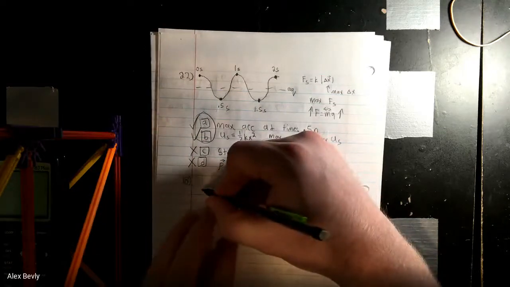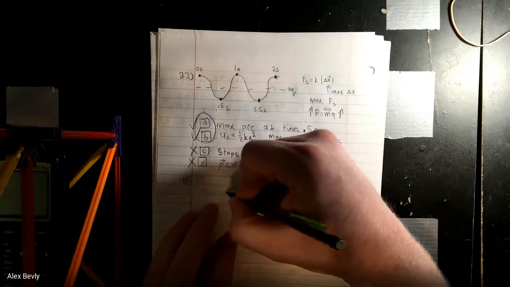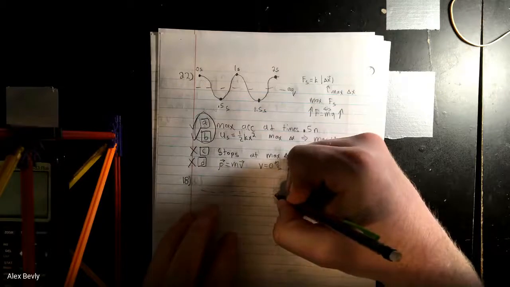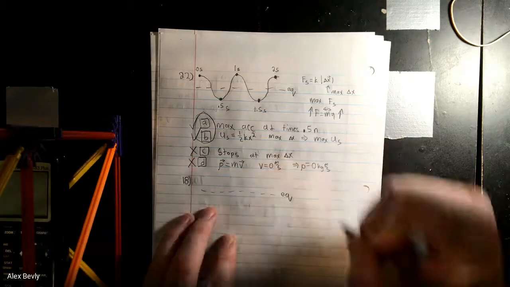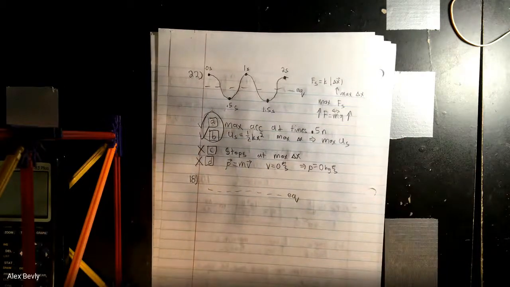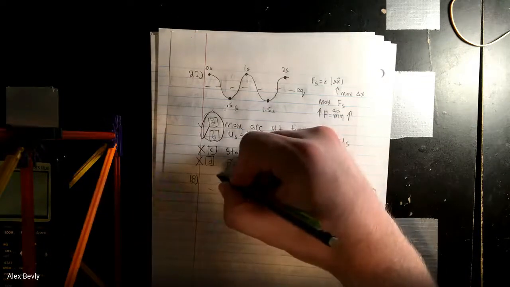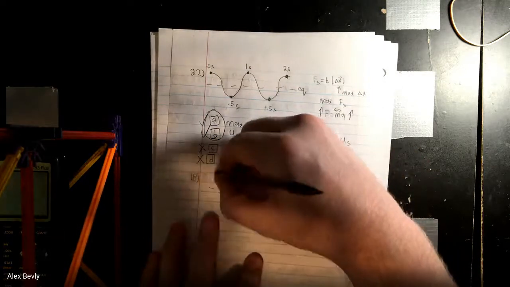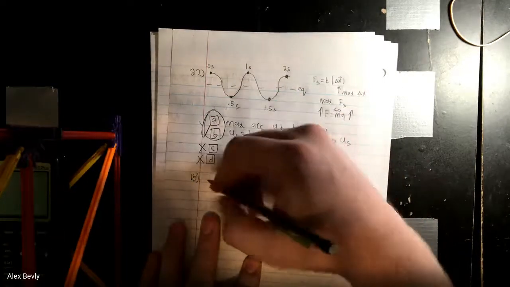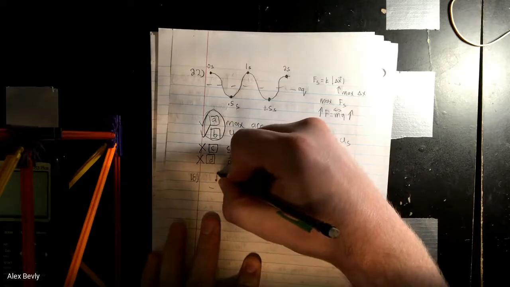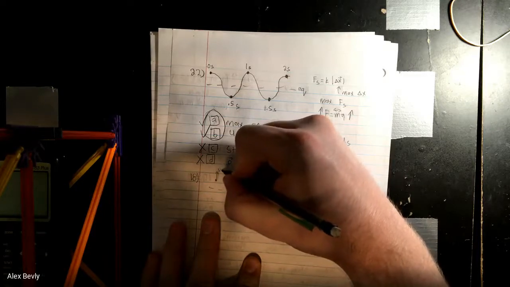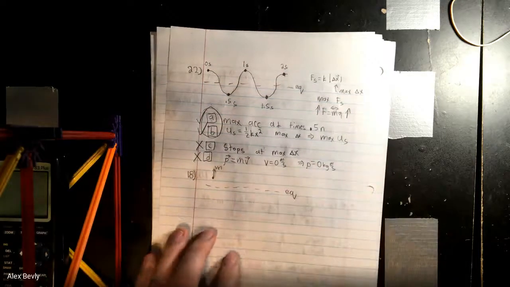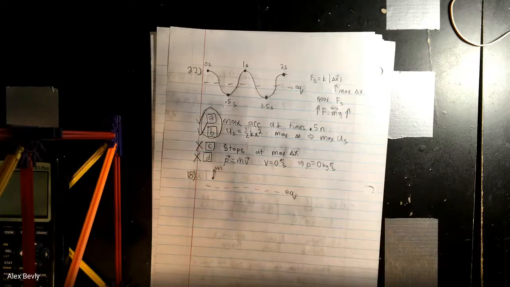So let's say this is my equilibrium position. Let's say I'm up here and I'm moving up, so my velocity is up. And it's comparing this to my acceleration.